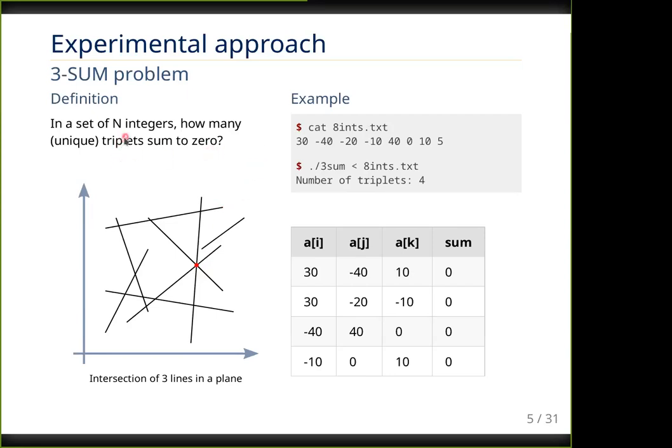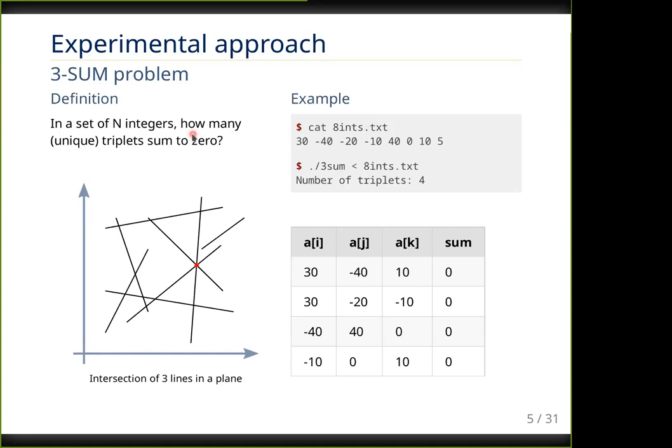We're just going to assume that we have a collection or a set of n integers, let's say in a file. And we want to be able to compute how many triplets, so three distinct values in this set of n integers, add up to 0.